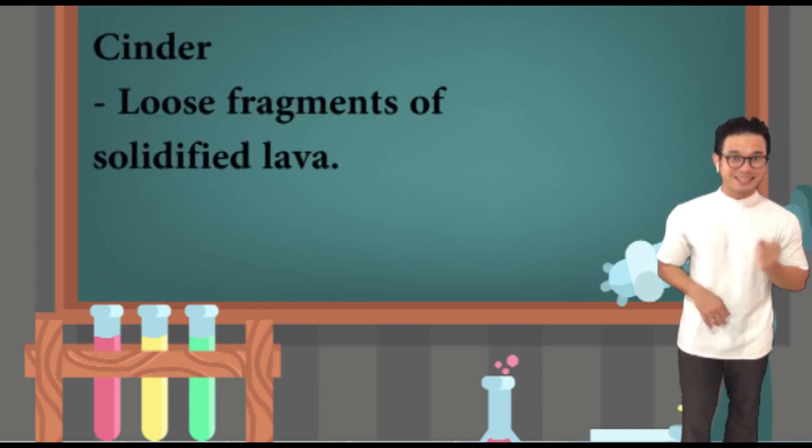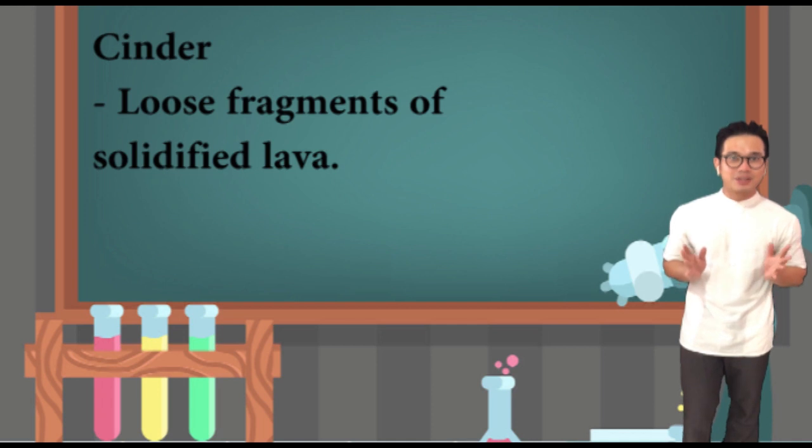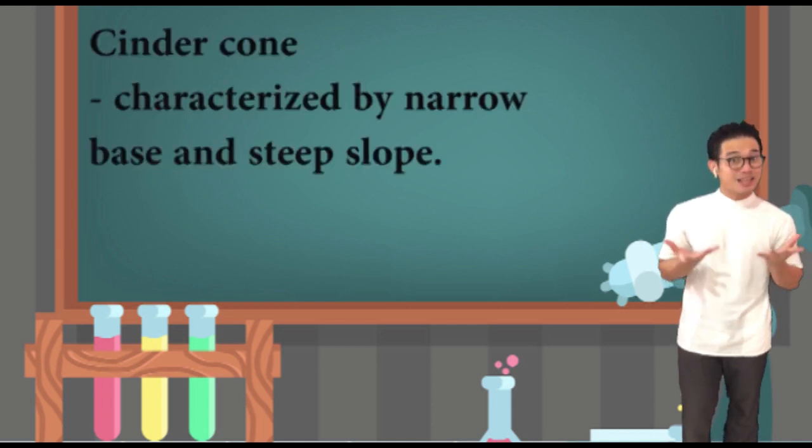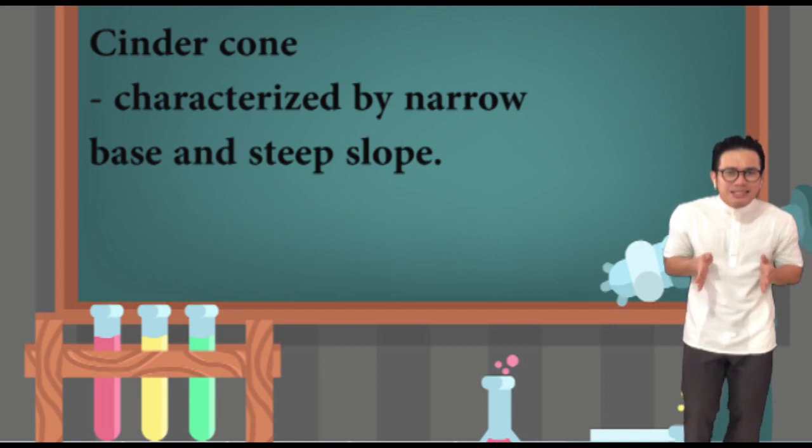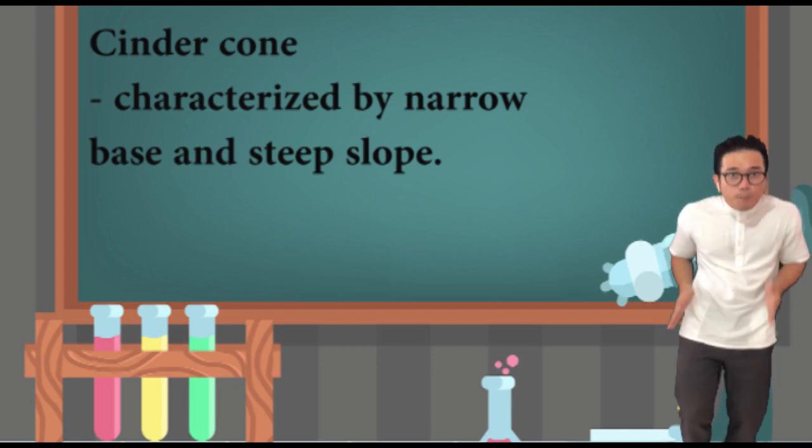Next is the cinder. It is a loose fragments of solidified lava. Next is cinder cone. These are characterized by narrow base and steep slope.